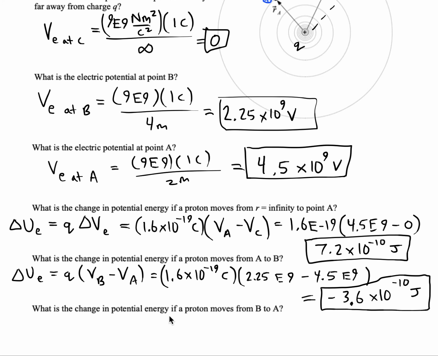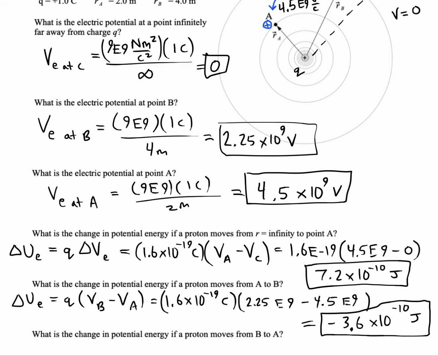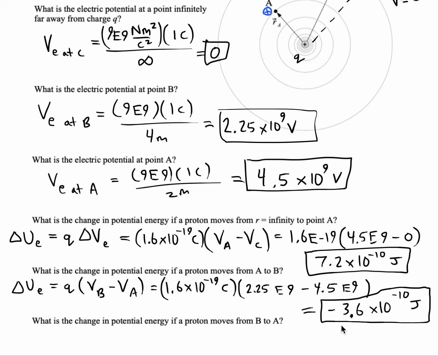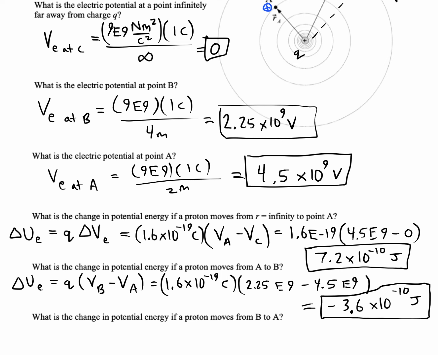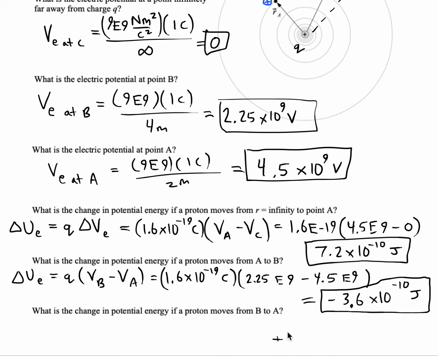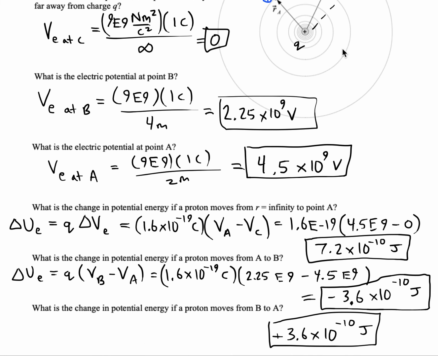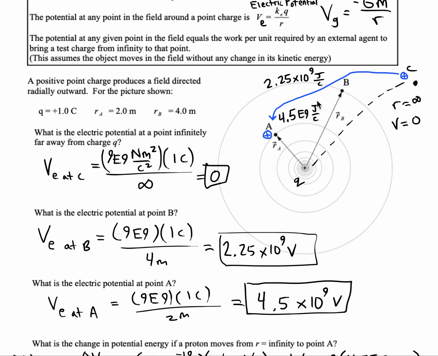Finally, what is the change in potential energy if the proton moves back from B to A? Well, using our previous calculations, that'll be easy to answer. We can take our answer from the previous question and we'll just switch the sign. If the proton loses 3.6 times 10 to the minus 10 joules moving from A to B, then it must gain 3.6 times 10 to the minus 10 joules in moving back.